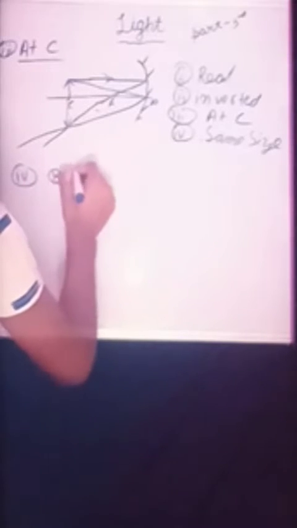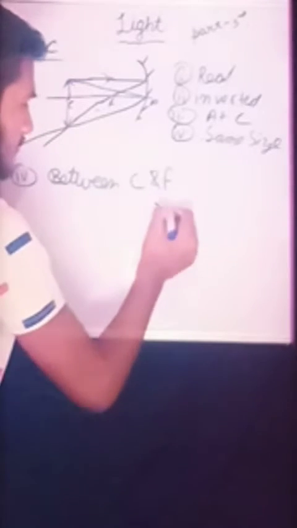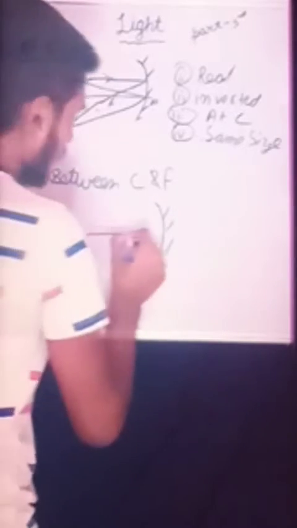Between C and F, the center of curvature and the focus. I defined both terms in the last video. See here, it is silvered from the inner side and painted on the outer side.